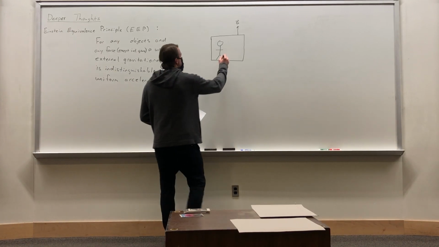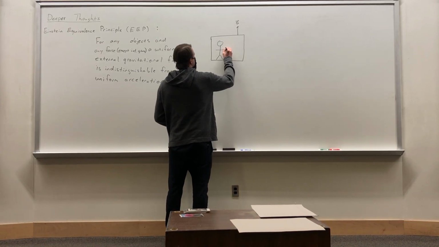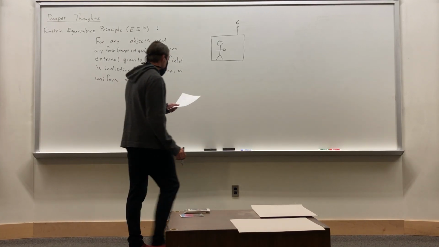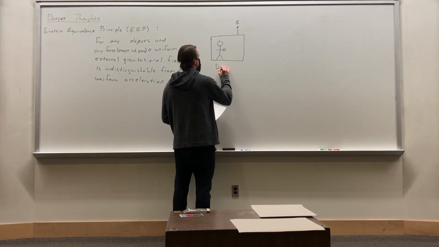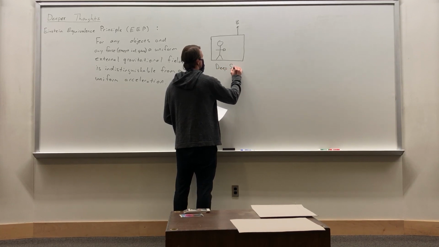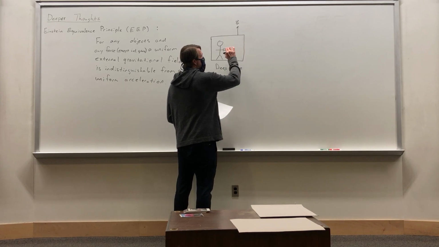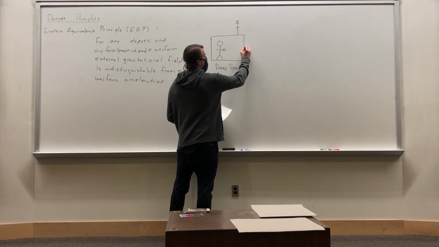And then what I'm going to do is I'm going to take a photon gun, and I'm just going to shoot out little blips of light. Now this is in deep space. There's no gravity around. Well, what's going to happen to the blips of light that I aim directly at the wall right here?